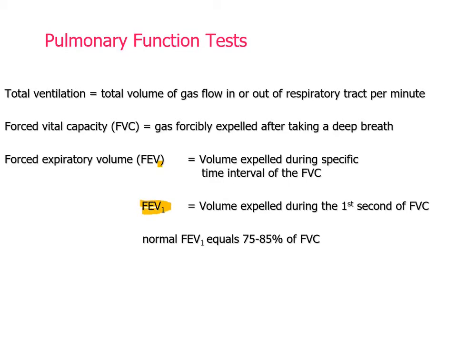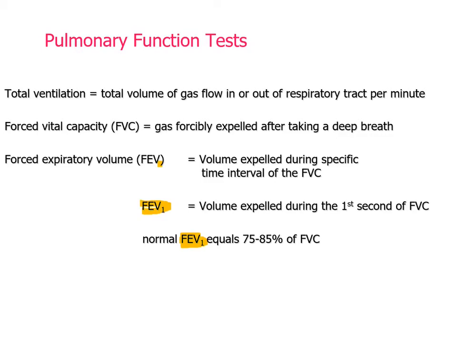So forced expiratory volume is the amount that can be expelled or exhaled during that first second of forced vital capacity measurement. When you're trying to exhale as much as possible, you take in to the topmost you can, and then you exhale. Normally, FEV1, the amount that you can put out in the first second of breathing out from the top of IRV, will be all the way down, measuring all the way down to the bottom.